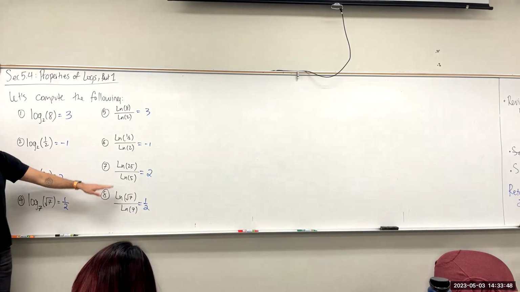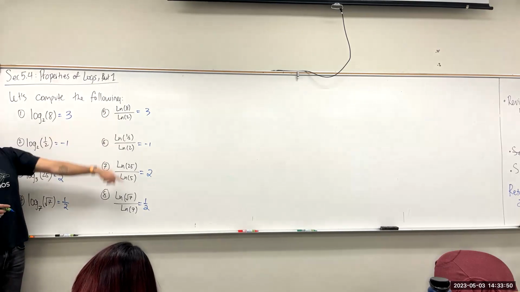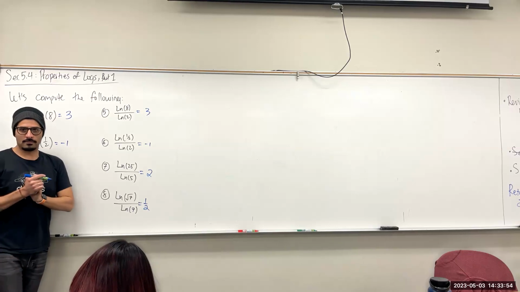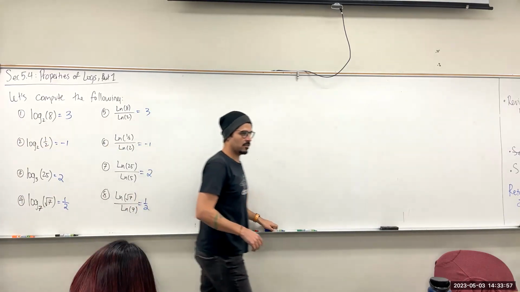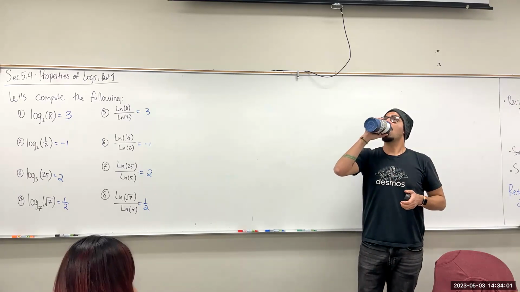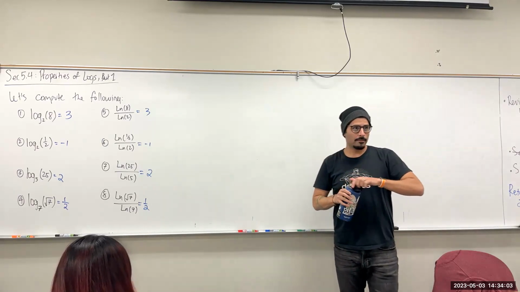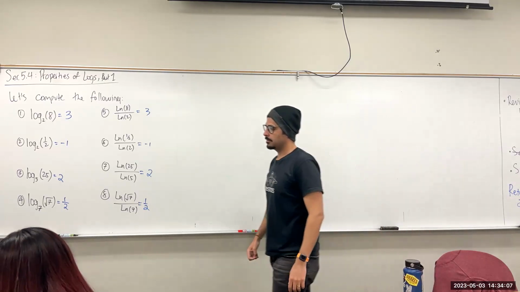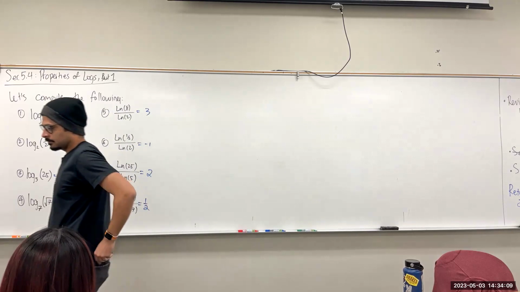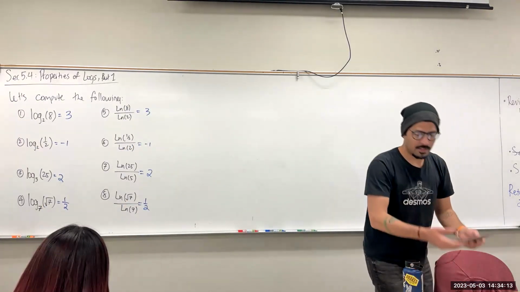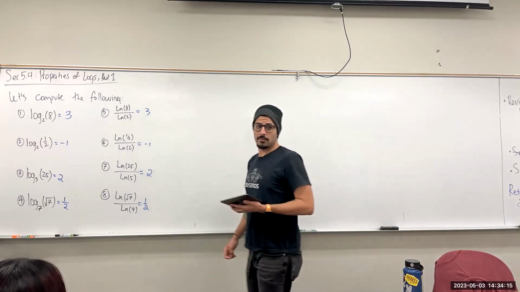So here's another magical thing I want you to do. Do the same thing, but do it with log instead of ln. Pretty magical. You get the same thing, right?